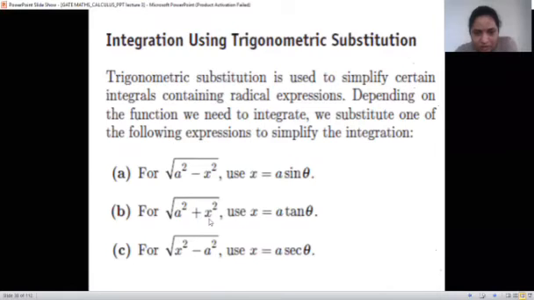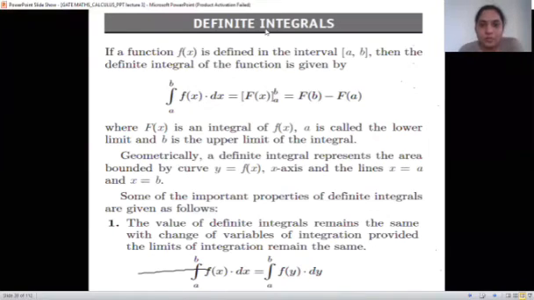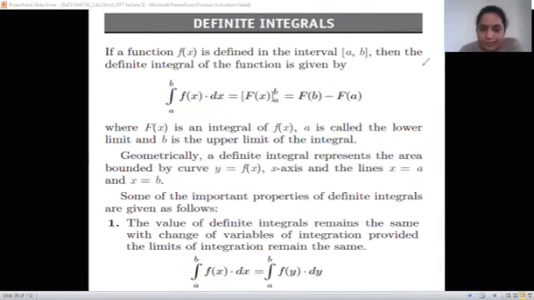If plus x square, and both are plus, then a tan theta. And then if x square minus a square, then a sec theta. Okay, we'll move ahead.